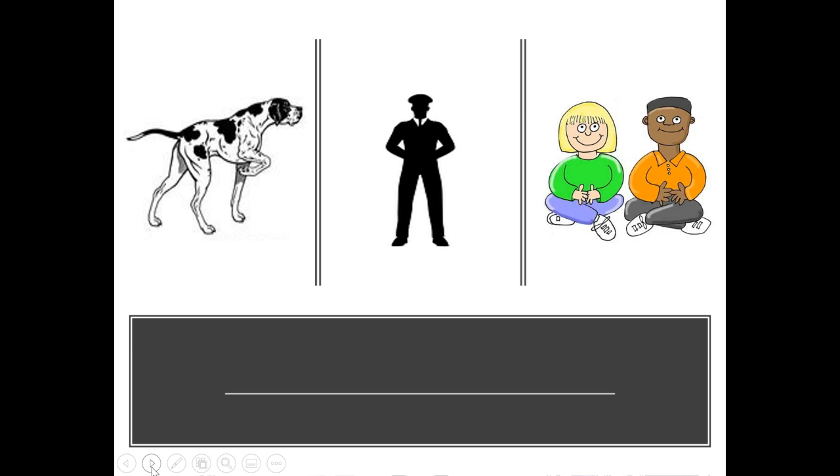In the second picture, I notice a person is standing still or at attention. In the third picture, I notice two students sitting crisscross and being still and looking at their teacher. So, how are these pictures the same or similar?